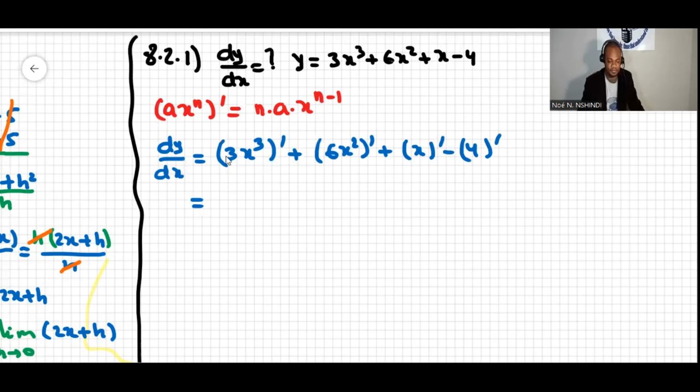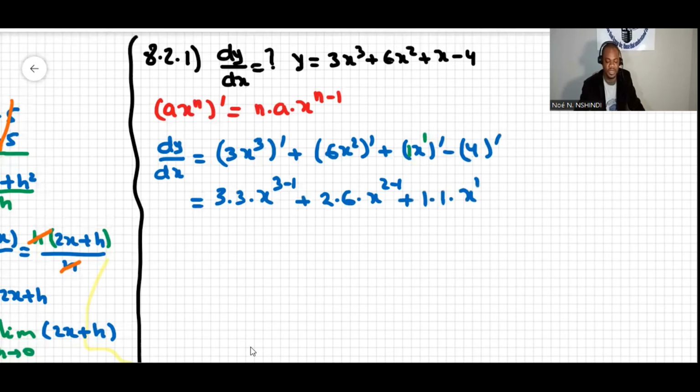Over here a is 3 and n is also 3, so this is going to be 3 times x to the power of 3 minus 1, plus 2 times 6 times x to the power of 2 minus 1. Over here a is 1, the coefficient, and the exponent is also 1. When you don't see them, it's like that. So plus 1 times x to the power of 1 minus 1.